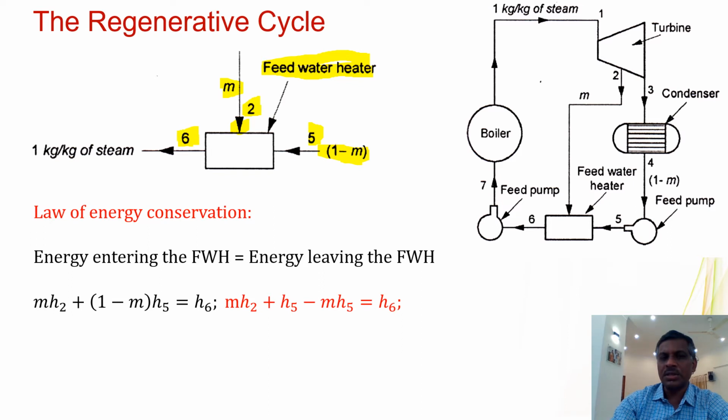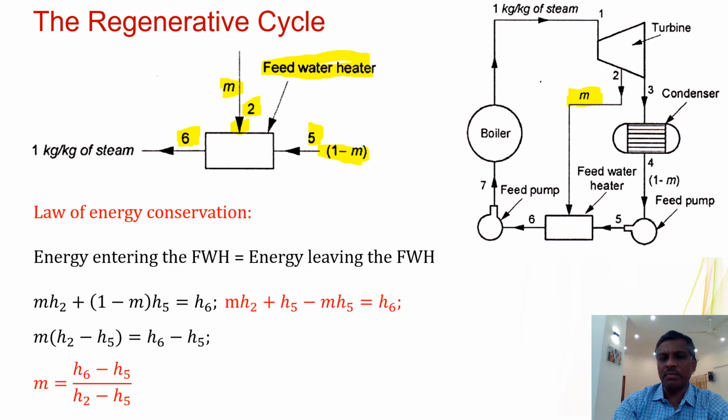And what is leaving is H6. So you can just multiply the m into it. You will get m is equal to H6 minus H5 divided by H2 minus H5. This is how we calculate the mass of steam which is bled.